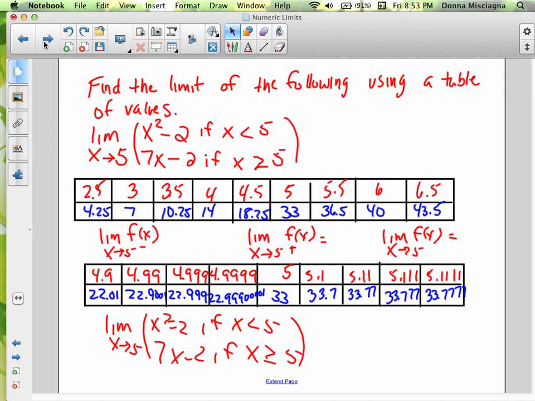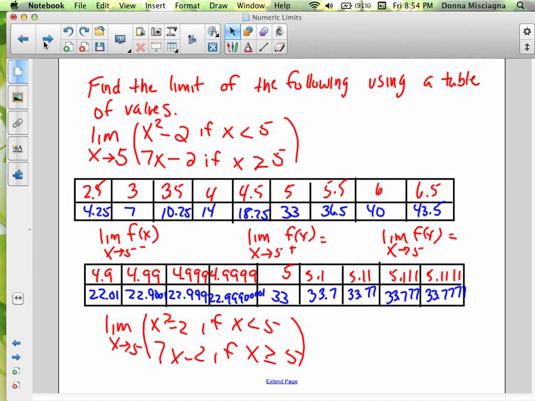So for values on the left-hand side, we're plugging into x squared minus 2. For values on the right-hand side, we're plugging into 7x minus 2. As we're coming from the left-hand side, the numbers are getting larger: 4.25, then 7, then 10.25, then 14, then 18.25.